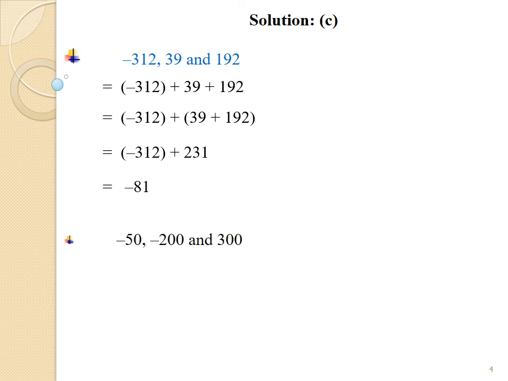Now sum B. -50, -200 and 300 equals -50 plus -200 plus 300. Students, as there are three integers, let us make a pair of two integers.